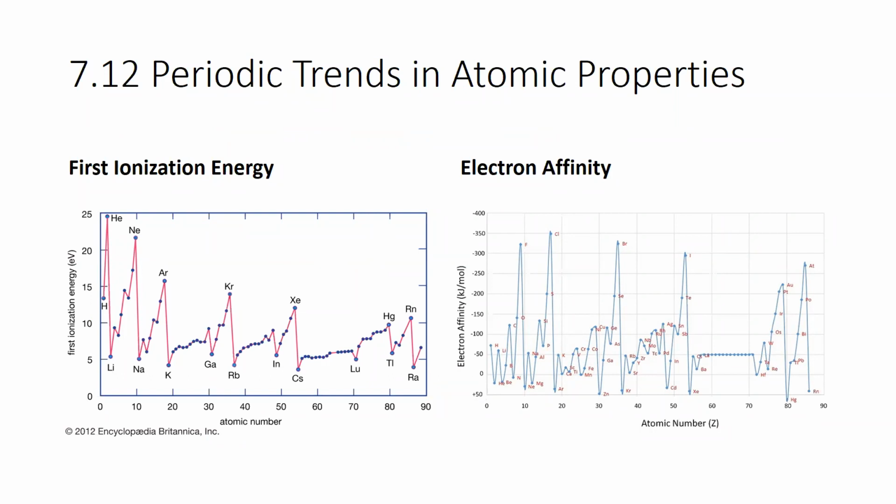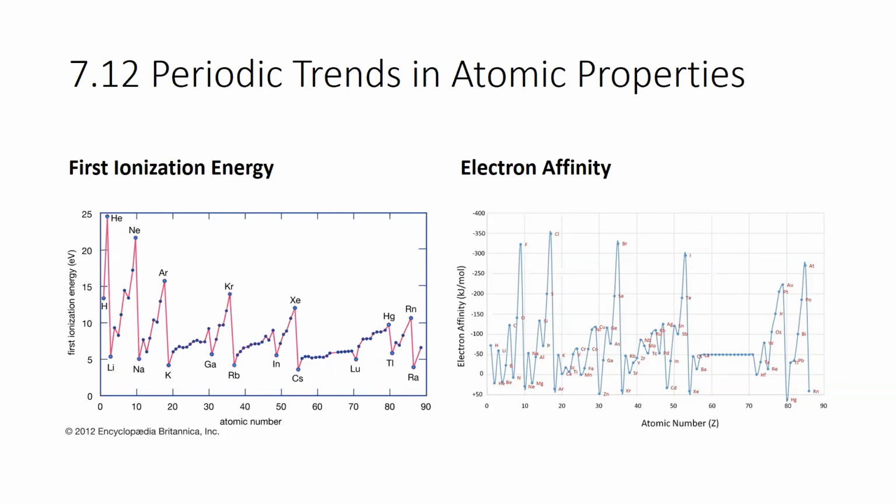And so when we think about periodic properties or periodic trends, these trends are going to show how the different elements are related to each other. And largely, we're going to consider these trends to be either a trend within a group or a trend within a period, and then we can combine those to give us a periodic table trend.